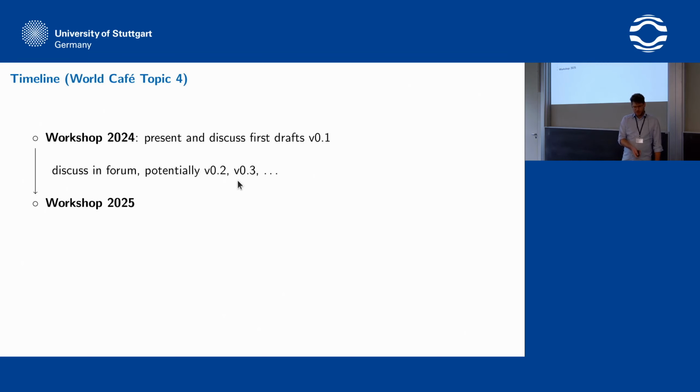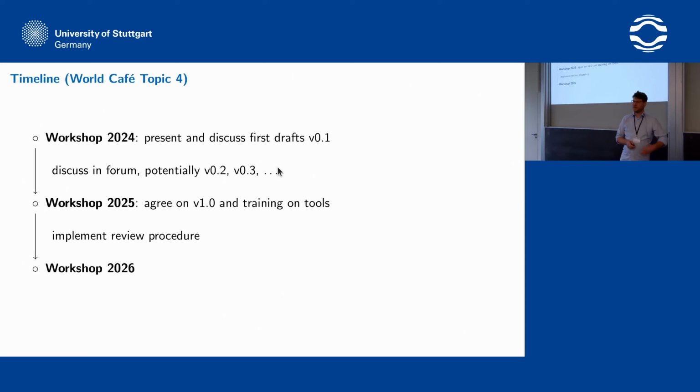Then we come to the workshop in 25, and the idea would be that we finally agree on a version 1.0, so that we say, okay, this is now our standard that we as a community defined. Also at the workshop we want to start training you on the tools that we develop.